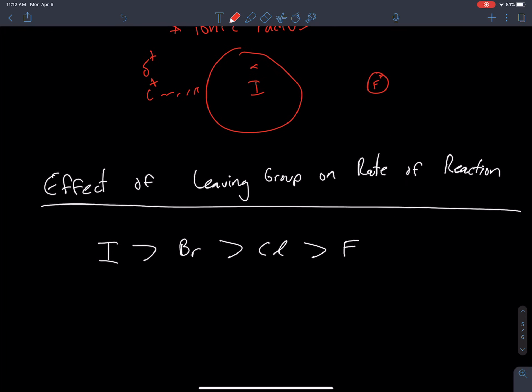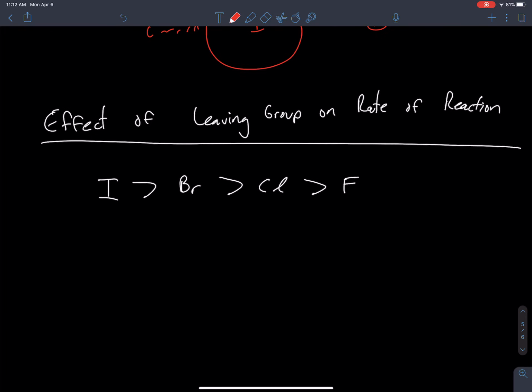The same thing is true for the alkyl. If I had an alkyl halide, so if I had an iodide that's attached to this molecule, the iodide is my leaving group, meaning that it is going to leave the reaction.